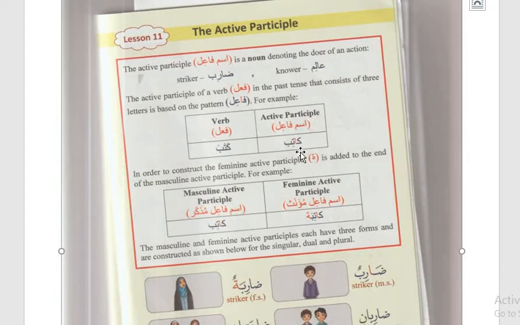How do I change it into active participle but feminine? We add ta marbuta at the end. So instead of saying katib, which is masculine active participle, we change it to feminine active participle by adding ta marbuta. Katib, katibat. I think it's now clear for you.